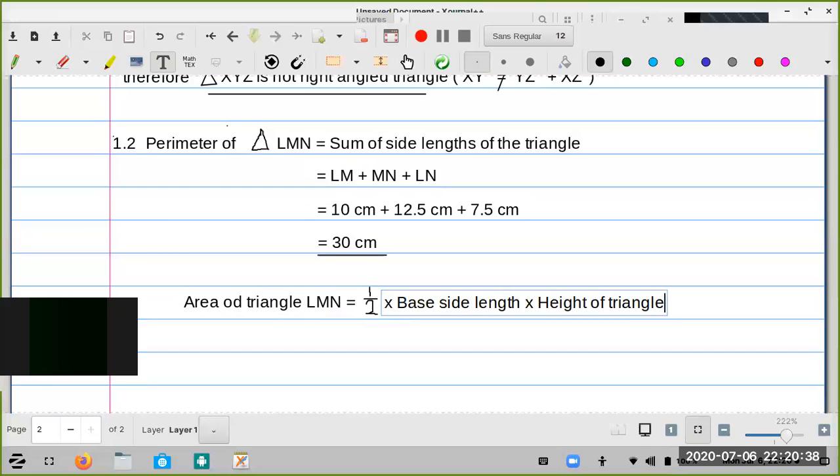Now, if you still remember, the triangle that we are dealing with is a right-angled triangle. So since it is a right-angled triangle, we are just going to identify one side as the base and the other as the height, right? We can use the two interchangeably.